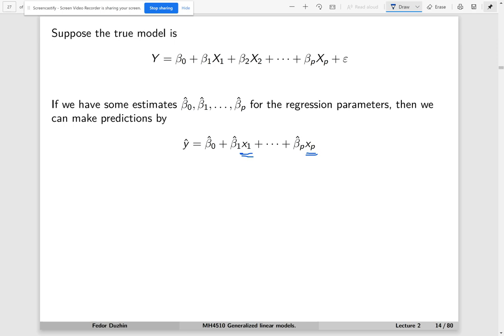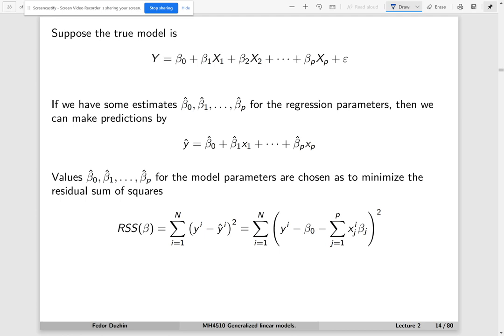The model parameters are chosen to minimize the residual sum of squares, which is often also called the loss. The loss function is a more generic term: any function that we want to minimize in order to fit our model to observed data. Residual sum of squares is just a particular case. Sometimes we use the mean squared error, which is really just the same thing divided by n. It doesn't matter, of course.